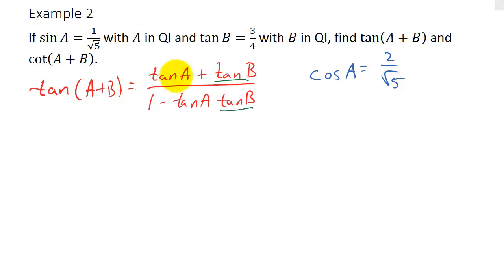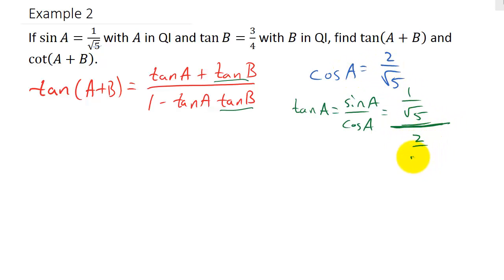Alright, so I need tangent A. Well, tangent A is just sine A over cosine A, which is sine A, 1 over the square root of 5, all over cosine A, and cosine A is 2 over the square root of 5.